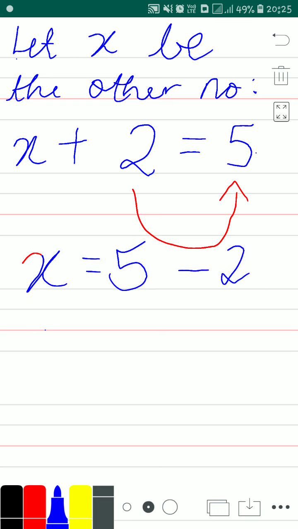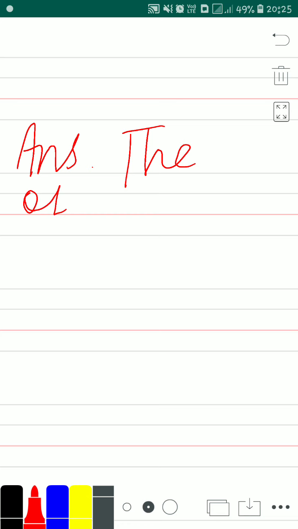So this is our final answer, and after that we can write the final answer as the other number is 3.